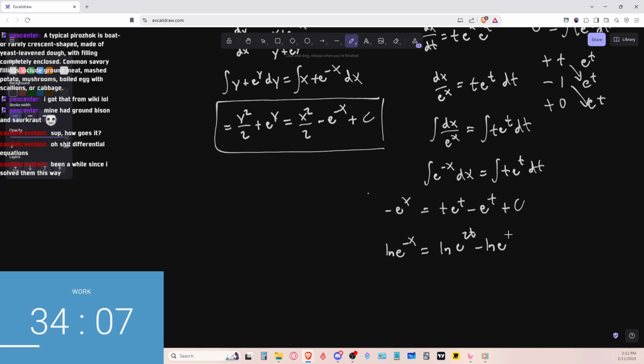Do I need to? I kind of don't want to solve for x, but at the same time, probably I should.